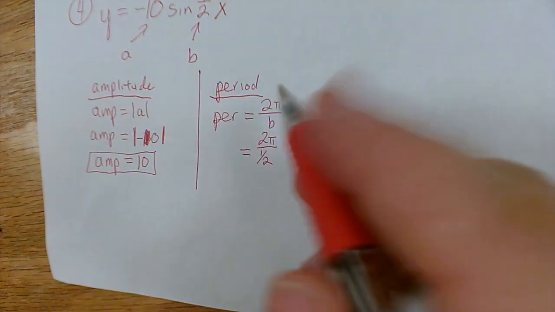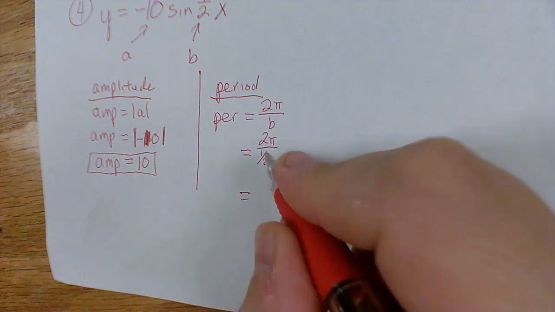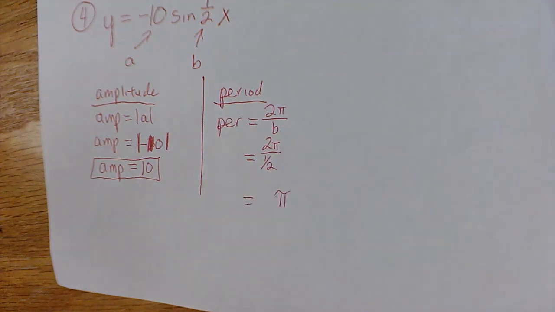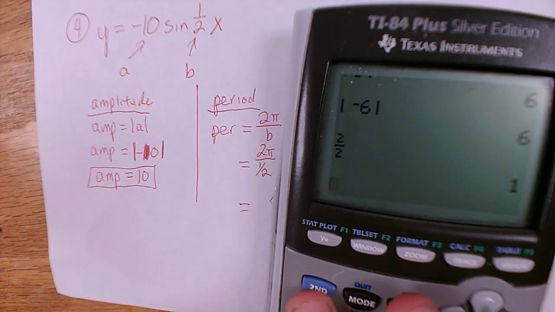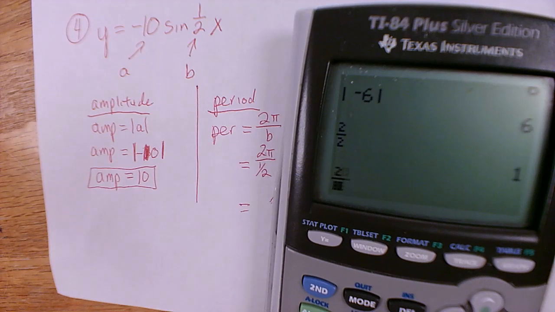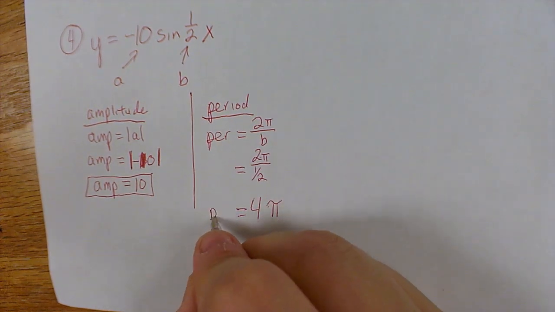This time the pi is still going to be there somewhere, but 2 divided by 1/2 is not 1. If I actually do this, 2 divided by 1/2 is actually 4. So the period this time is 4 pi.